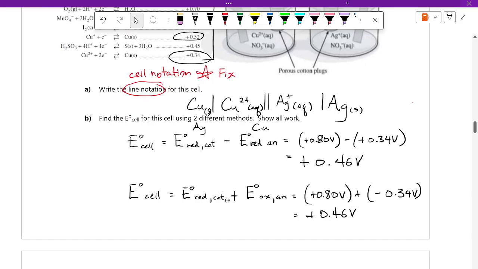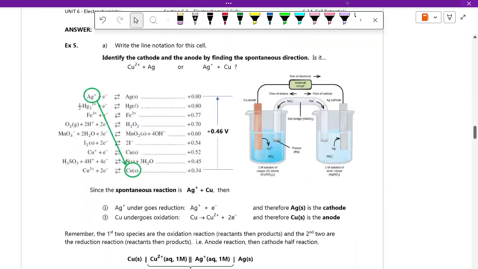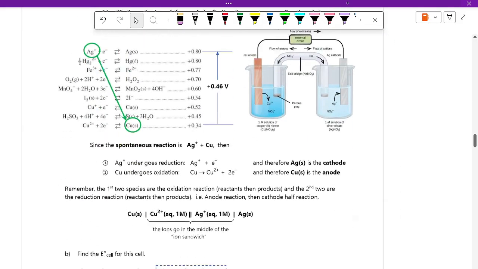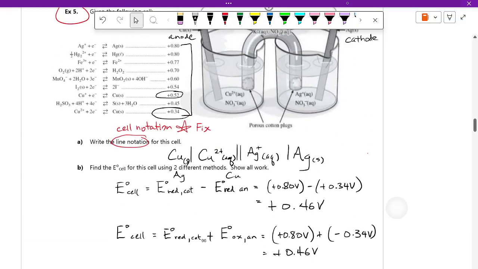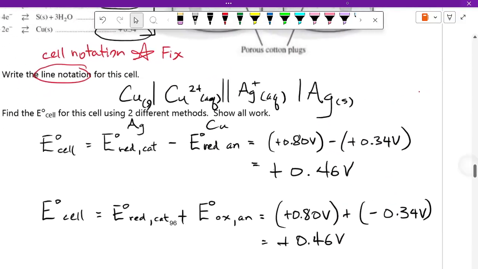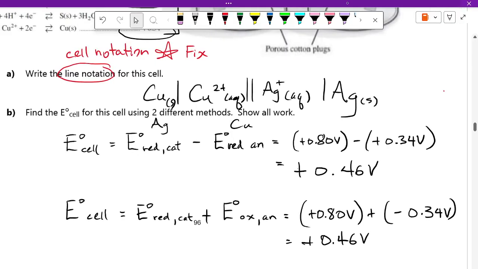Yes? Excellent. Okay. There's a whole answer on the next page. Wait, we did the calculation. What did you do? Yeah, we did the calculation wrong. They should both be the same.